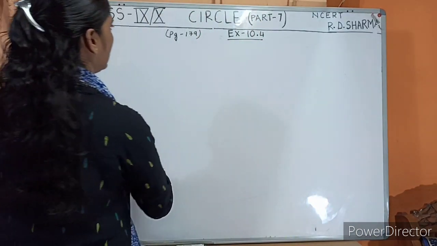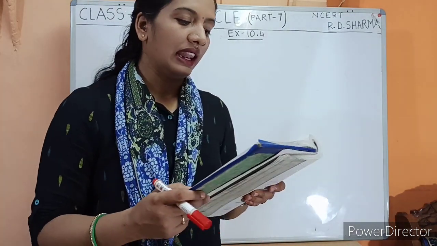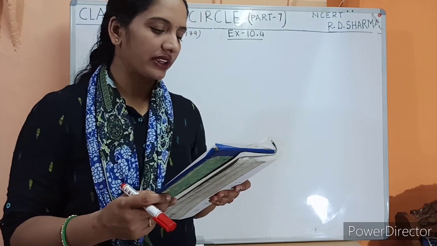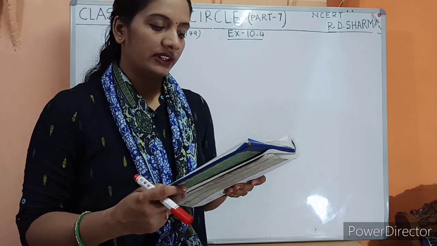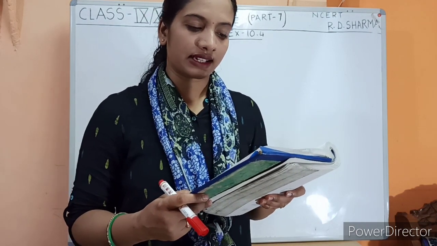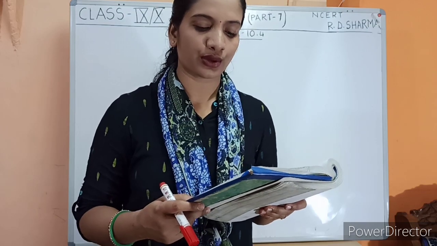Okay. Let's see the question number 4. If a line intersects two concentric circles with the same center, with center O at A, B, C and D, then prove that AB is equal to CD.